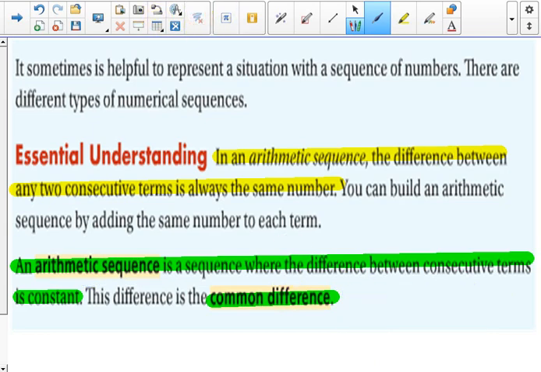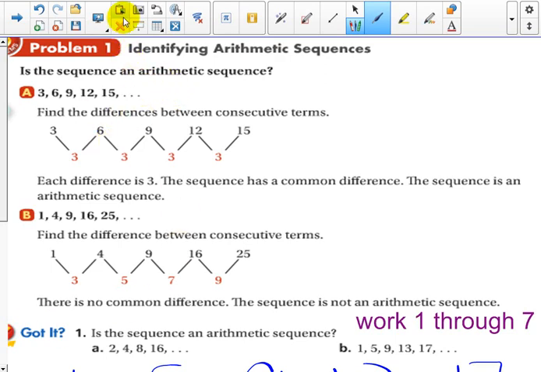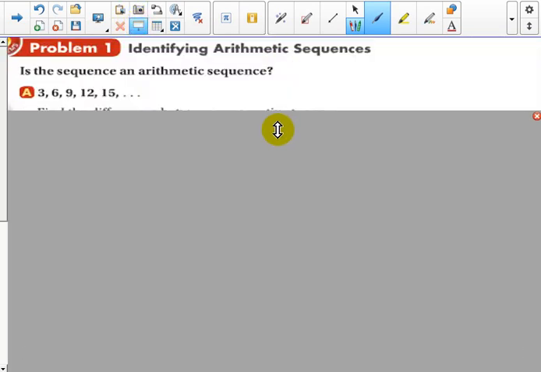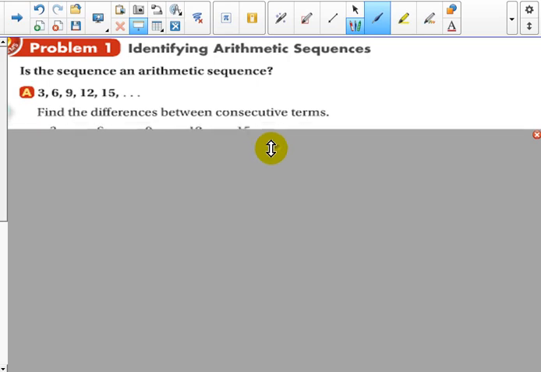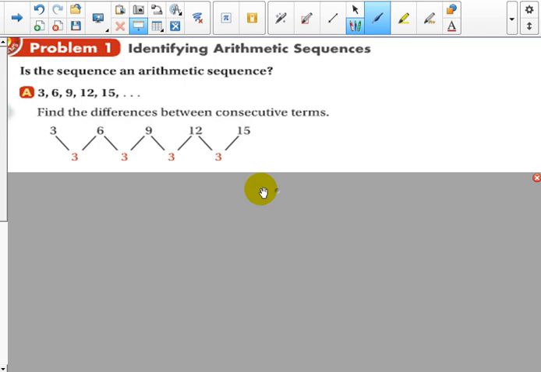That's what this first problem set is about. So let's look at this first problem. Find the difference between all the consecutive terms. So what's our difference here? It's 3. So when you subtract these, what's the difference between 6 and 3? 3. 9 and 6, 3. 12 and 9 is 3. 15 and 12 is 3.